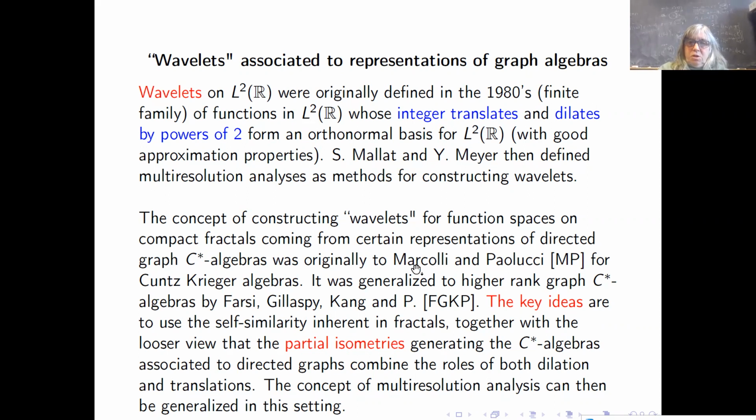This was the idea of Marcolli and Paolucci, who generalized the work of Johnson. And in the work done by Farsi, Gillaspy, Kang and me, when we first were doing it, we were saying, hey, we could do it for higher rank graph algebras too, the same idea.